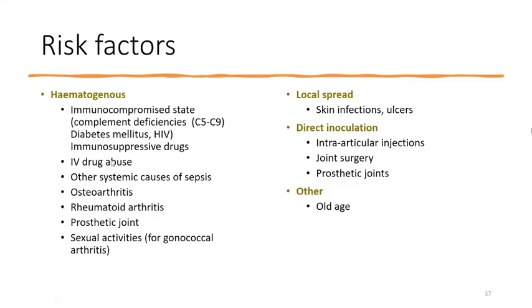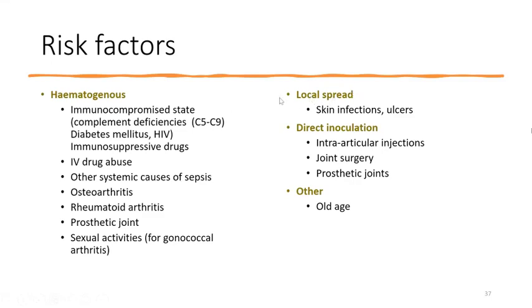IV drug users and other systemic causes of sepsis also may lead to arthritis. Patients who have disease in the joint, like osteoarthritis, rheumatoid arthritis, or a prosthetic joint, are at high risk of developing arthritis. And for gonococcal arthritis, sexual activities are risk factors.